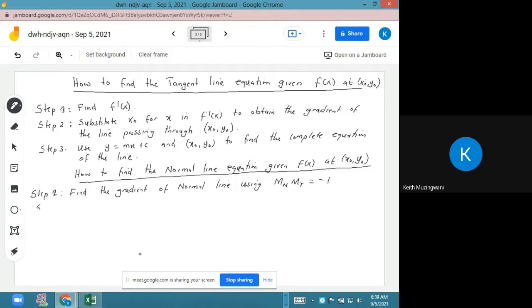And then step 2, use y is equal to mx plus c and x naught comma y naught to find the complete equation of the line.